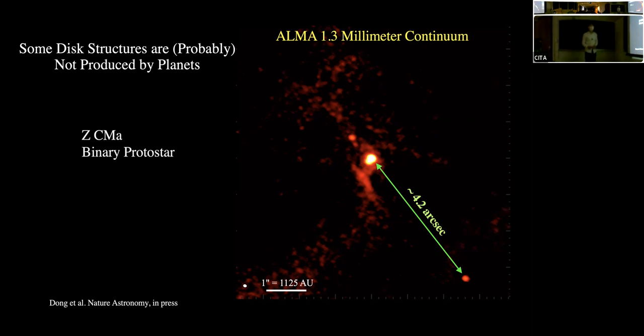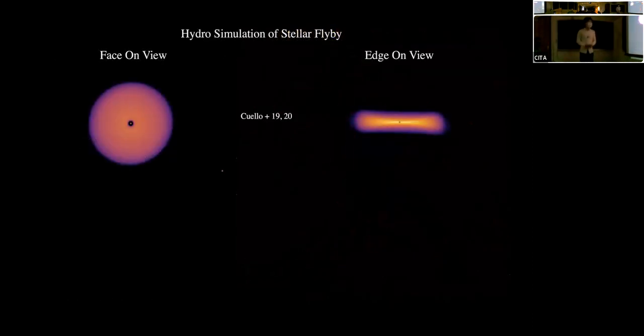The unique configuration of the system between the spiral and the newly detected point source make us think we're likely witnessing a young stellar object that has just performed a flyby of the circumprimary disk. So here are 2 simulations of a flyby event at 2 different viewing angles.